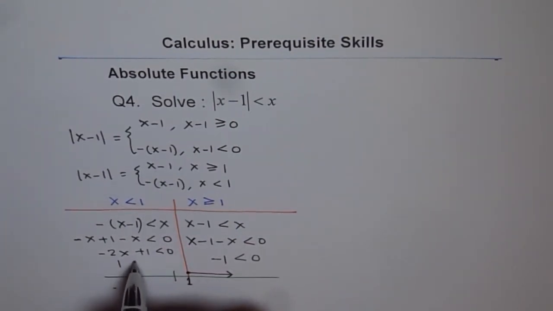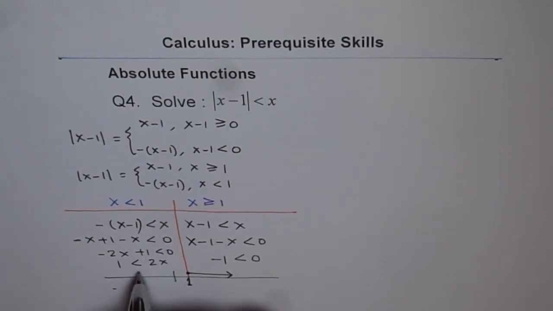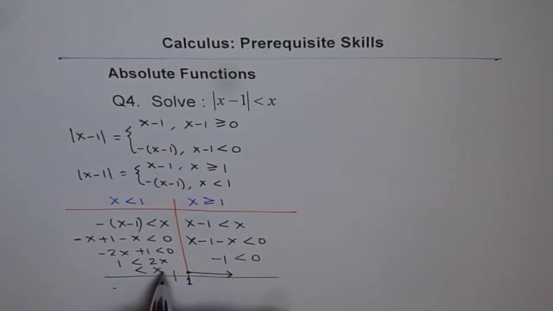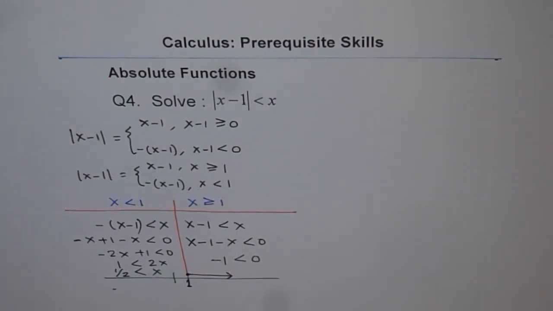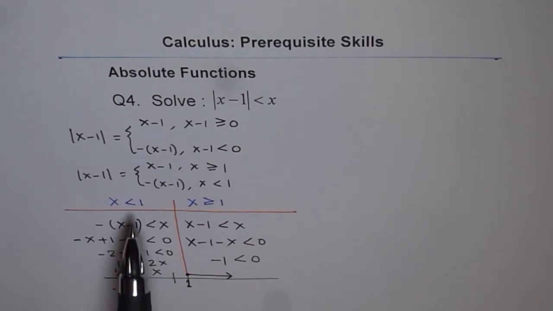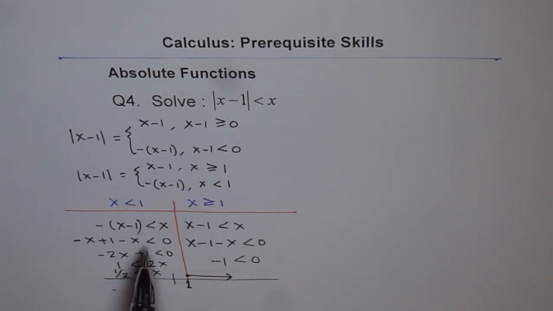Then I get 1 < 2x, or x should be greater than half. Now, our domain here is that x should be less than 1, but this is true only when x is greater than half.